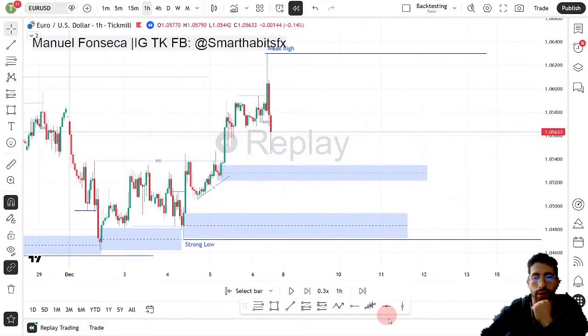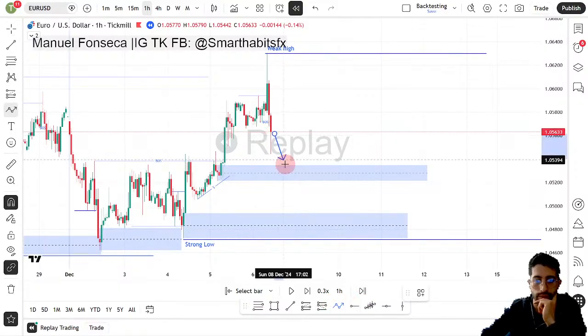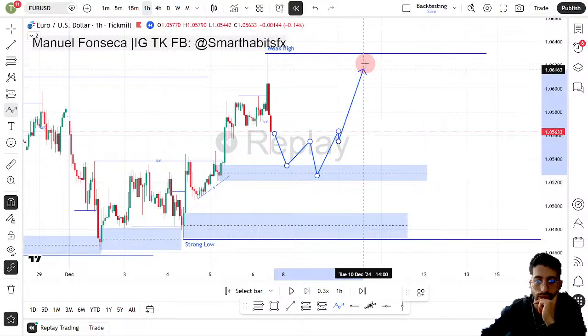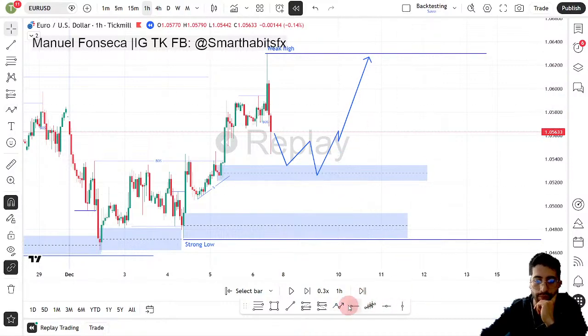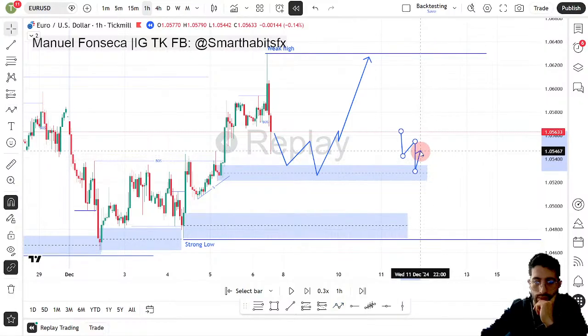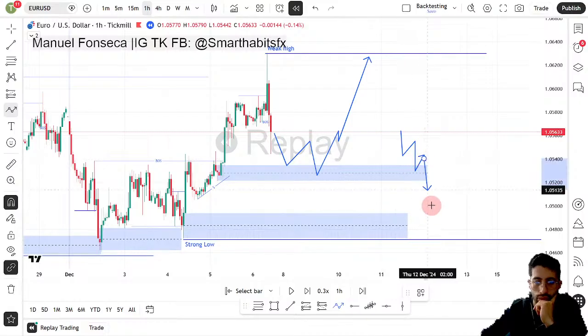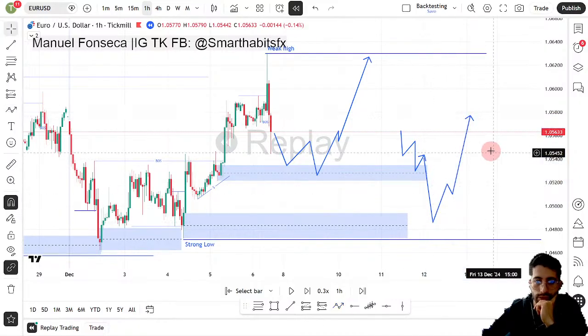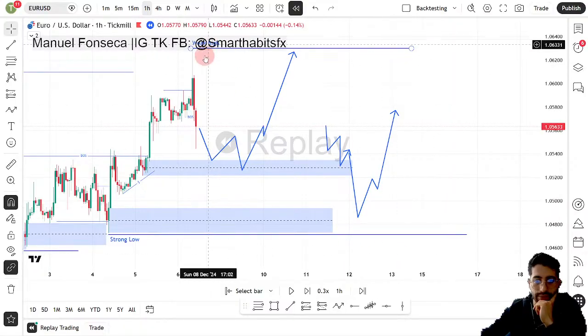Okay, what are we expecting? Assuming that we're in a bullish trend, we will expect the price to push to these areas and continue pushing up. This is one of the possibilities. Another possibility is that the price simply goes down, has a reaction here and continues with the uptrend, for example reacting in this imbalance, or this weak high, reacting in an order block or a weekly order block.